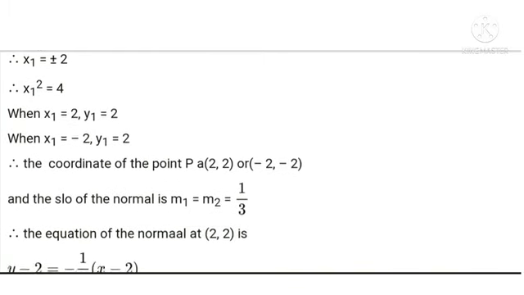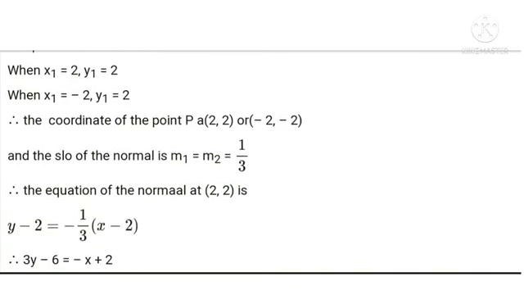But we want the equation of normal. So coordinates of points are (2, 2) or (minus 2, minus 2). Okay. And slope of normal is minus 1 upon 3. So we want the equation of normal: y minus y1 is equal to m into bracket x minus x1.